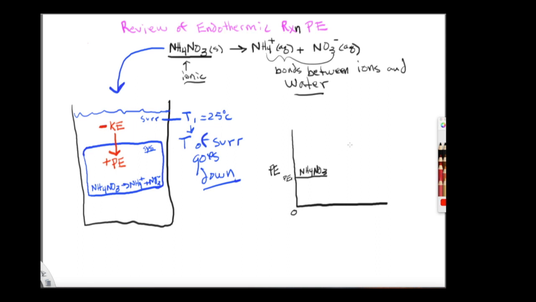Where this is going to finish, our products are going to be on a line which is above the reactants. All right, I'll put a big R here to mean reactant. So up here it's going to be NH4+ NO3-.